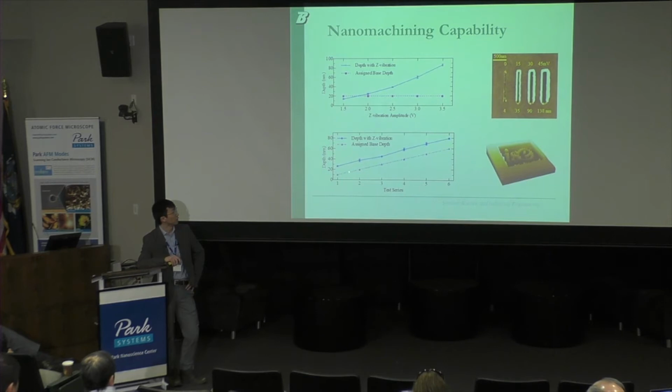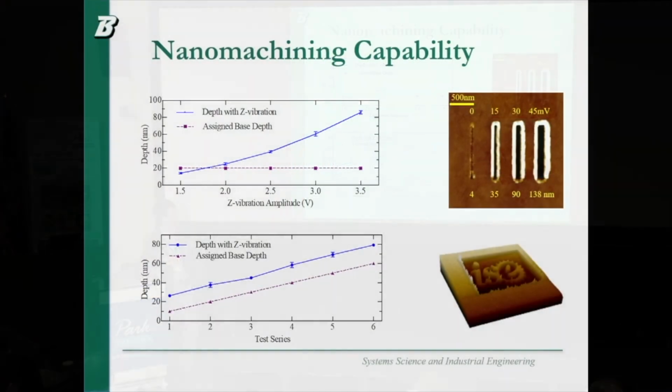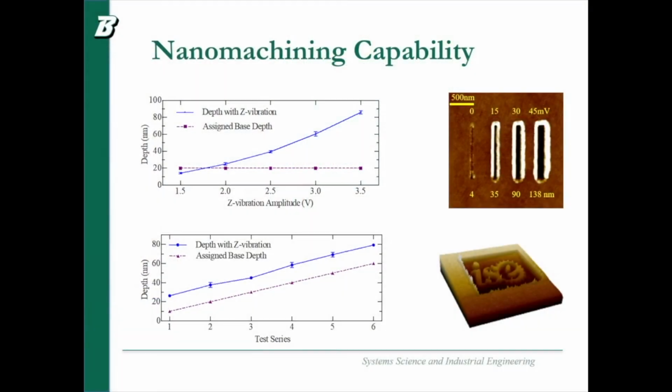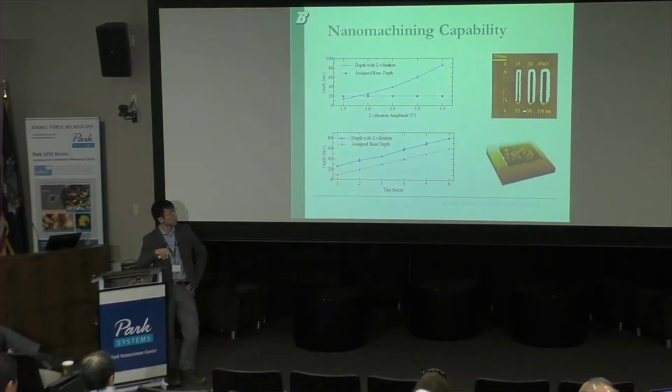If I design 15, 20, 35, gradually you can see with a certain Z vibration amplitude, the actual depth follows the designed depth very well. Because of the in-plane capability in the XY direction, as well as the Z direction capability, we can get three-dimensional structures.